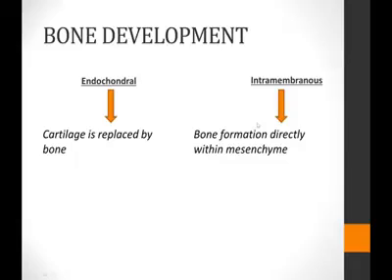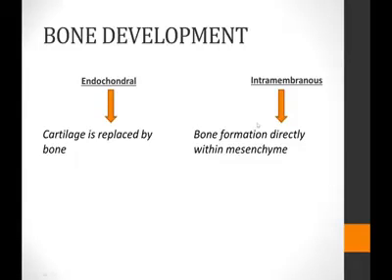Bone is classified into 3 types: the endochondral bone, the intramembranous bone, and the sutural bone. The endochondral bone is that type of bone formation where first a cartilage model develops within the mesenchyme, then that cartilage model is replaced by bone.